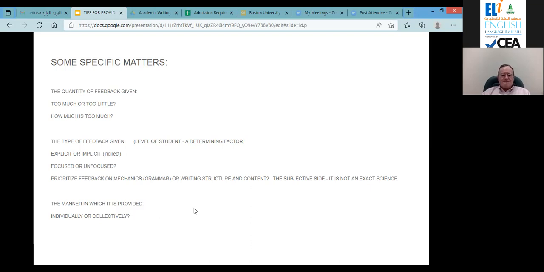Right. Yeah. Yes, Mr. Joseph. Yeah. Right. If we focus on some mechanics, like lack of a full stop or lack of a capital letter, we don't see the forest for the trees, because maybe there are verb tense errors that cause misunderstanding or lack of comprehension, that confuse the reader, and they're much more serious.